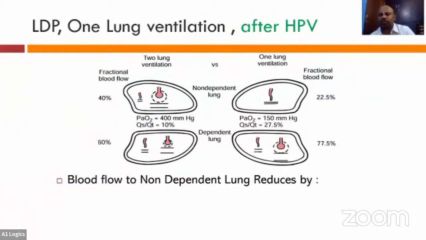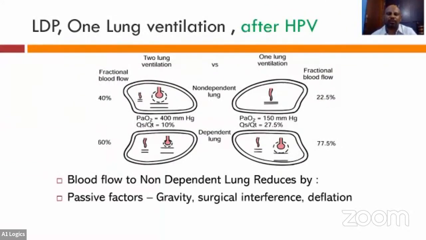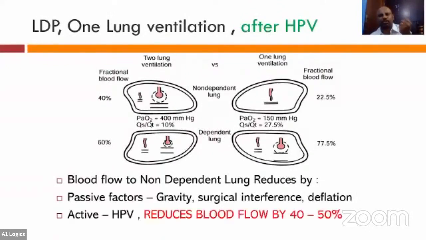Once the HPV starts to occur, I have already told you that HPV is 50% efficient. Blood flow to the non-dependent lung reduces because of passive factors, that is gravity, surgical interference, and deflation. Now HPV starts occurring. It is already 3 to 4 minutes since the OLV was instituted, and actively the pulmonary arteries of the deflated lung are starting to contract.